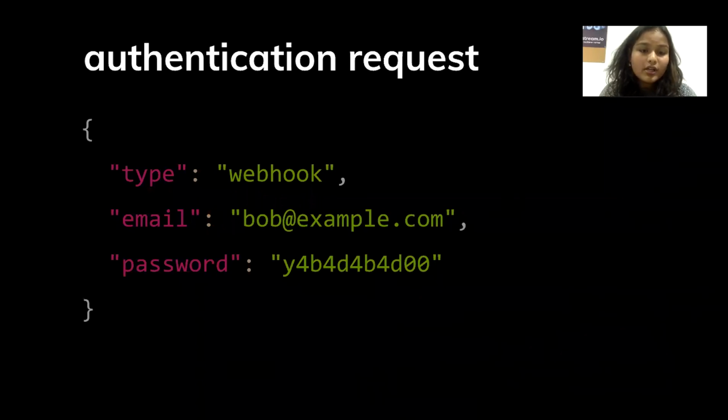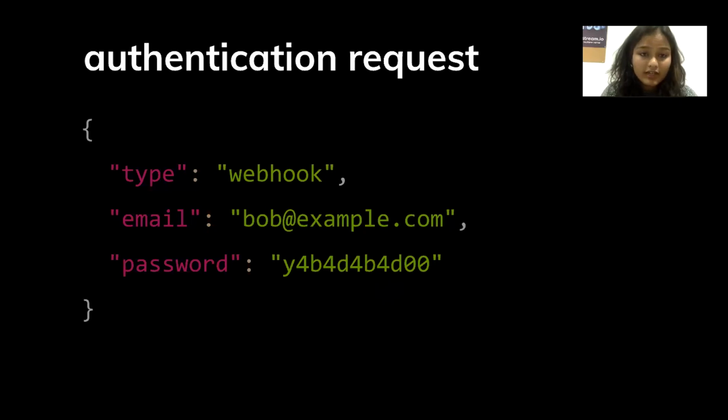So in the payload, if at all you would like to have some kind of authentication and it's not really no auth, then you would have an authentication request, the auth endpoint that we spoke about earlier, and you would specify the type as webhook or any other authentication. Now, if you remember, we have different authentication methods available with Deepstream IO and Deepstream Hub.